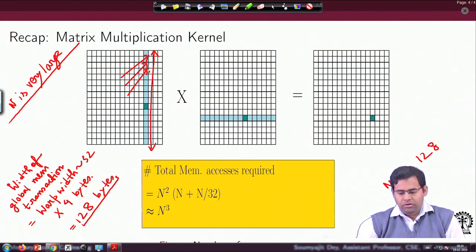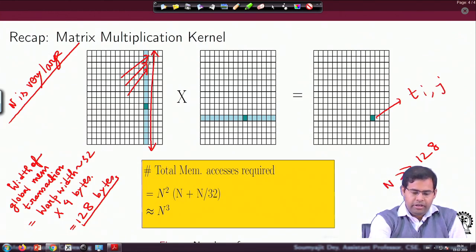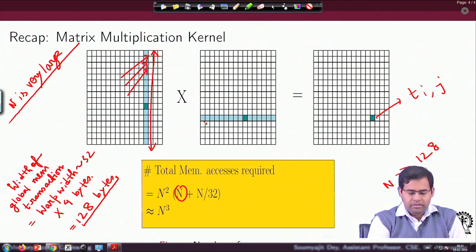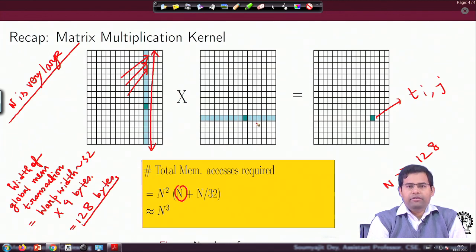So for computing for one location here, for n of the column elements, I would end up with n global memory transactions. However, that will not be the case for the row. Why? Because in the row, all these elements in the final DRAM, they are all sitting side by side, right?